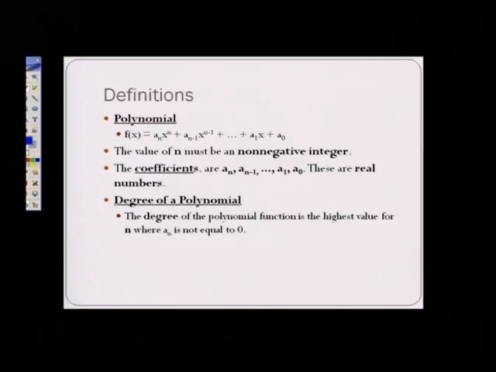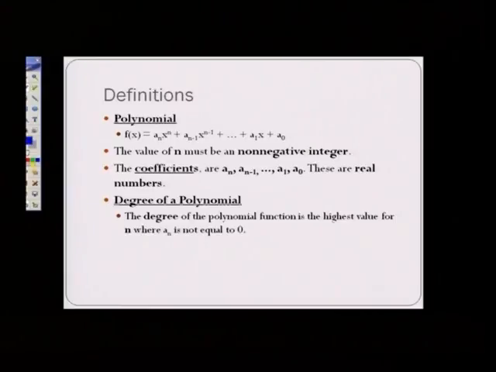So first off, probably the definition, you're wondering, what is a polynomial? A polynomial is a function, or a sum of power functions, is one way I've heard it before, but it's a sequence of x raised to non-negative integer powers with real coefficients.